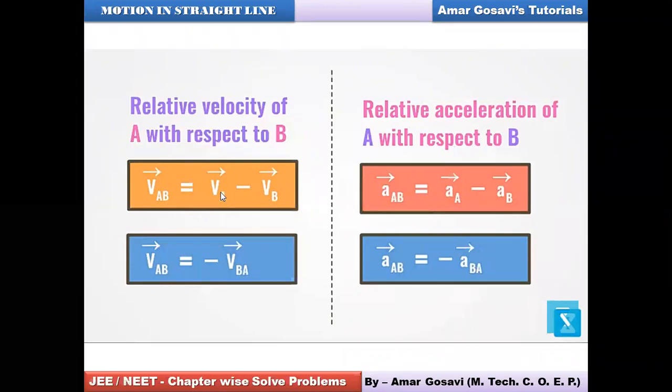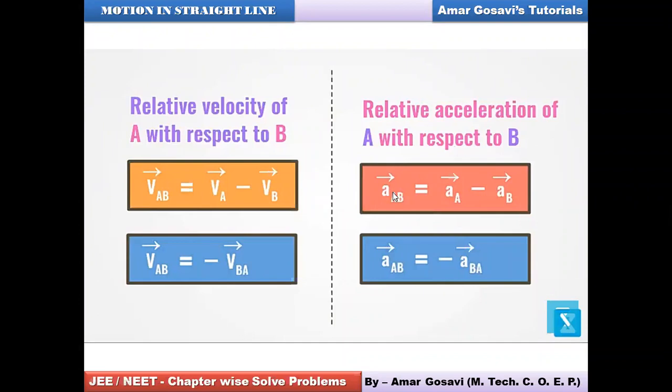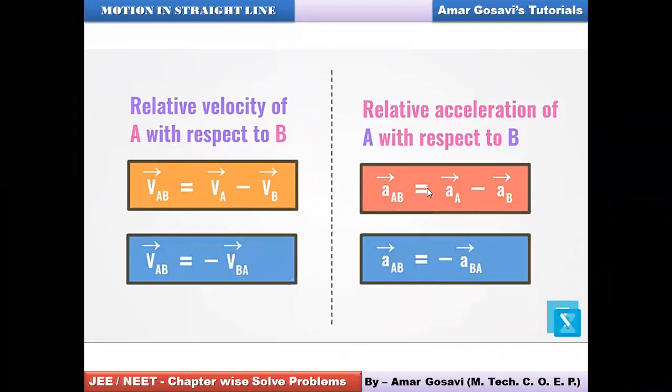Always remember. Similarly, relative acceleration of A with respect to B will be represented as small a suffix AB, which would be equated to acceleration of A minus acceleration of B.